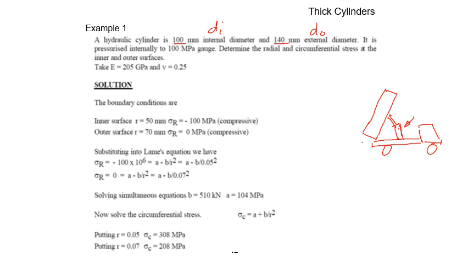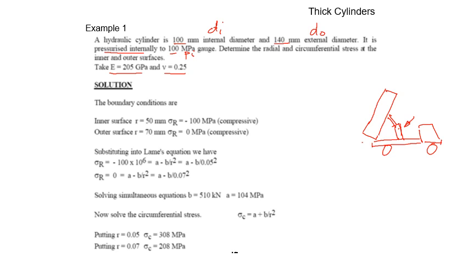Now it says it is pressurized internally, so this is Pi, 100 megapascal gauge. Determine the radial and circumferential stress at the inner and outer surfaces. These are the values given to you. E is 205 gigapascal. Poisson's ratio is 0.25 if you need to use them, right?